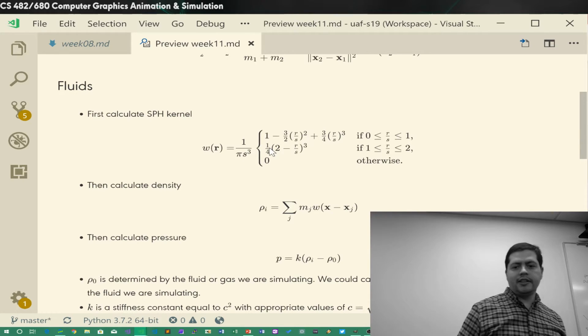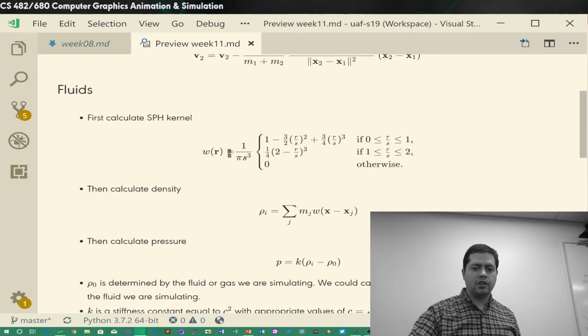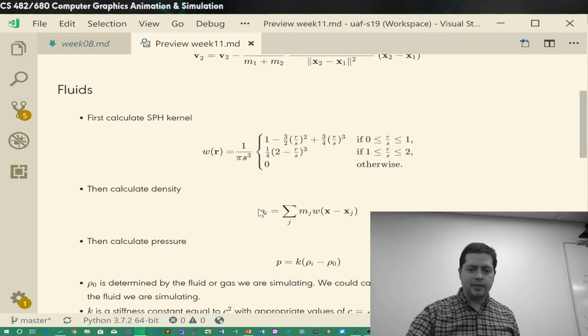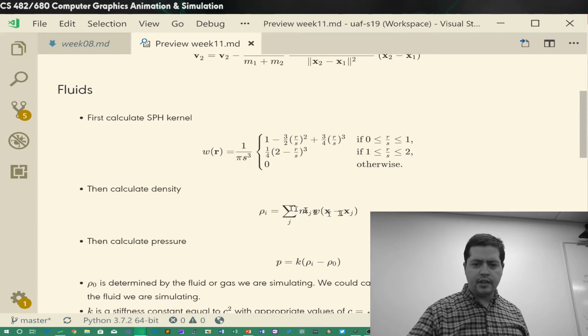So the SPH kernel here is a value that maps a vector to a scalar. In order to get the density of particle I, we need to go around and measure the smoothing kernel times the mass of that particle.